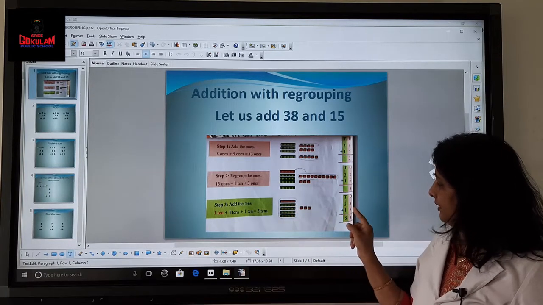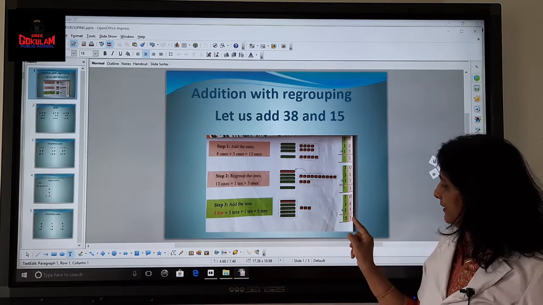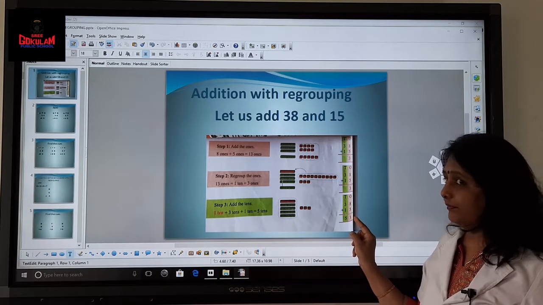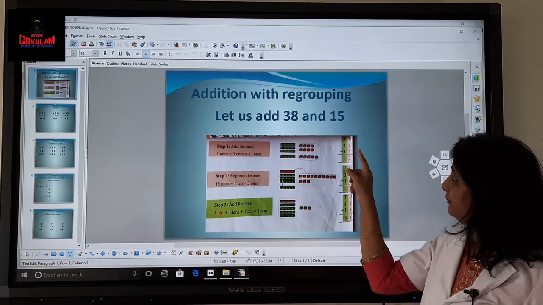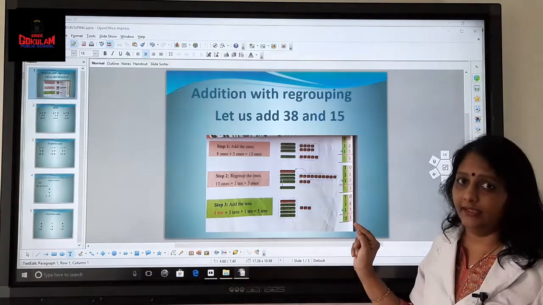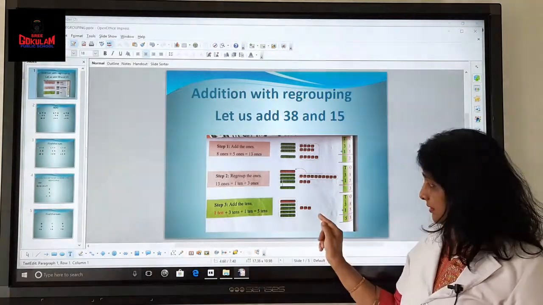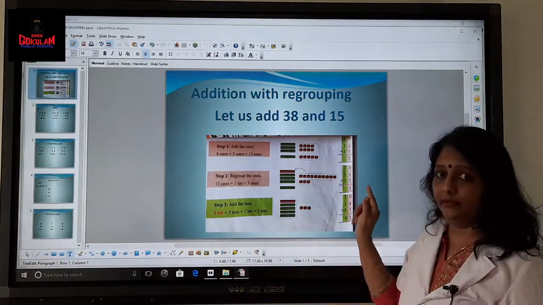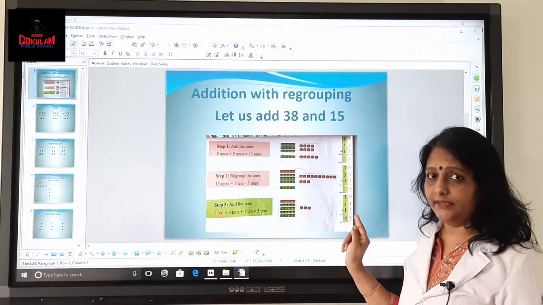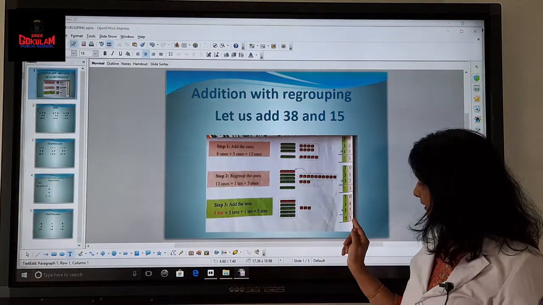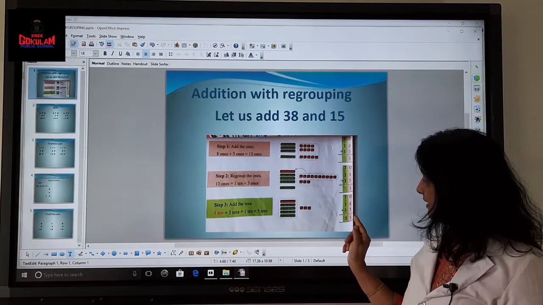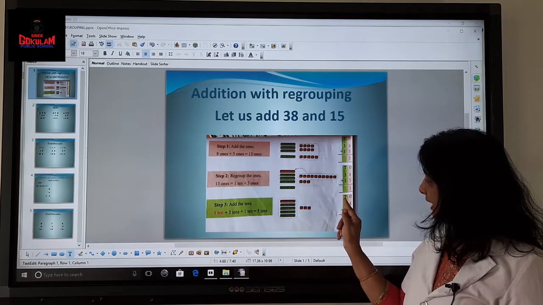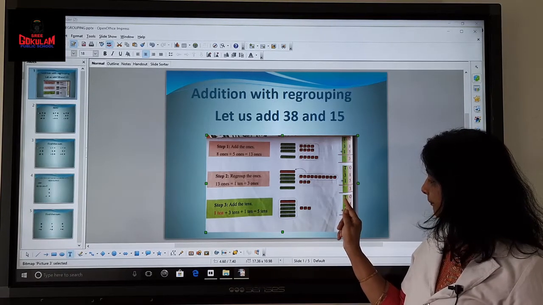5 tens. So, in the ones place, when we add 8 plus 5, we will get 13. But we will write 3, which is in the ones place. That number 3 we will write here, and 1 ten we will carry to the tens place.